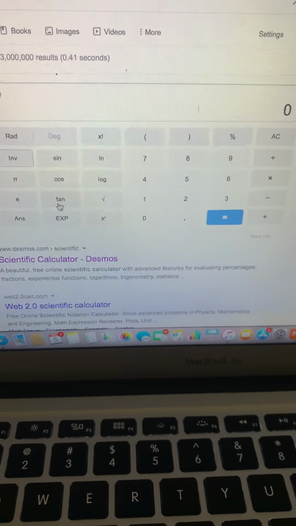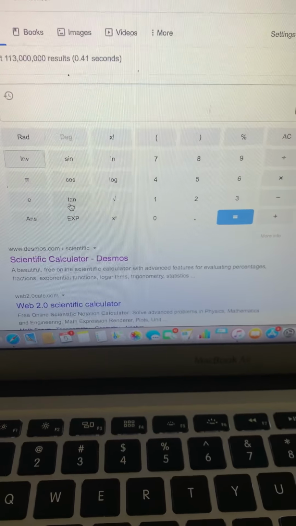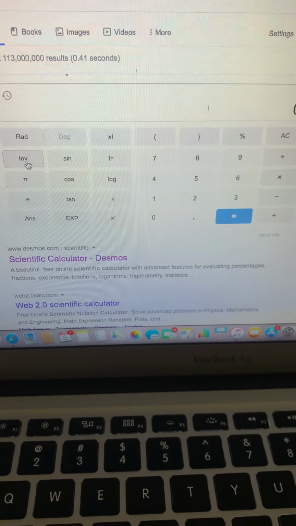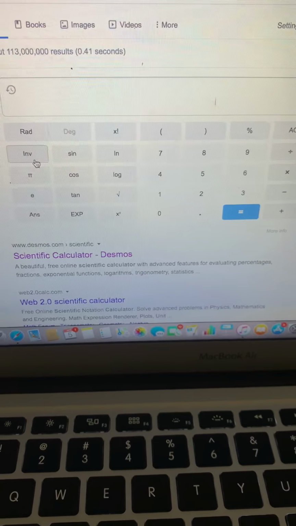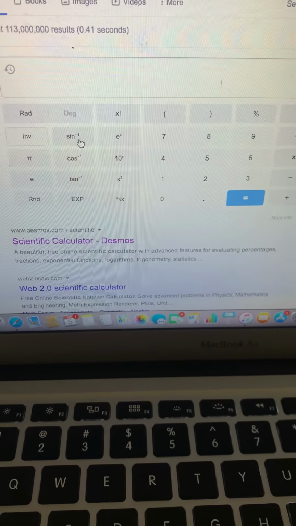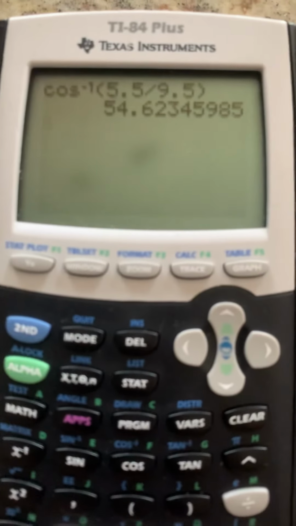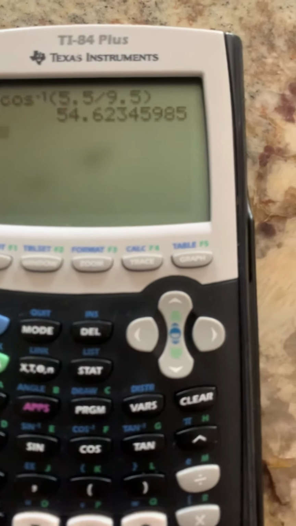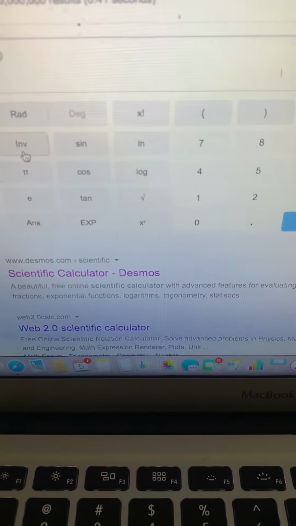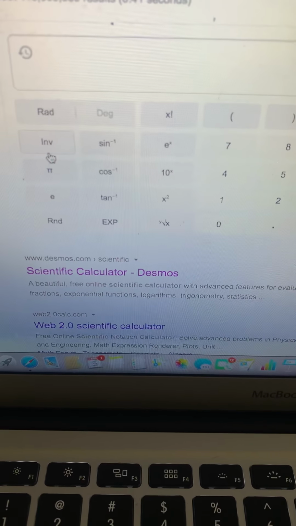But let's say you're finding a missing angle. If you hit this button, INV, for inverse, notice how sine -1, cosine -1, and tangent -1 come up. That's what you would use for something like what we just did, the second cosine or inverse cosine function. If you just need it to be regular, you can keep clicking it and it'll switch back and forth.